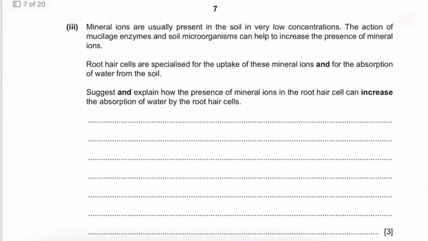Now this brings me on to part three. Minerals are usually present in the soil in very low concentrations. The action of mucilage enzymes and soil microorganisms can help to increase the presence of mineral ions. Root hair cells are specialized for the uptake of these mineral ions and for the absorption of water from the soil. Now, explain how the presence of mineral ions in the root hair cell can increase the absorption of water by the root hair cells. Okay, that's simple.